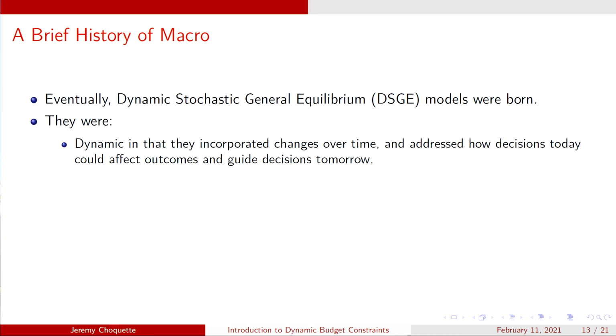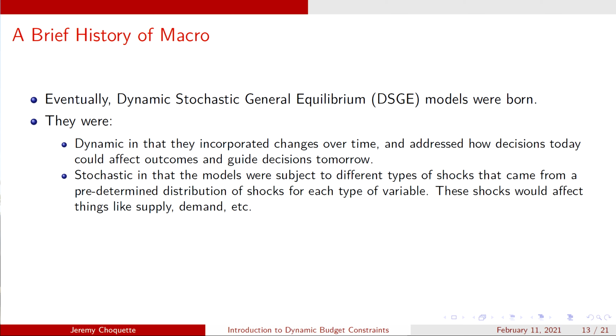Not saying I'm an alcoholic though, but there's a dynamic element to this. Now, they're stochastic because these models are subject to different types of shocks. Every shock is treated as a draw from a predetermined distribution of shocks for each type of variable. These shocks would affect things like supply, demand, etc. Right?